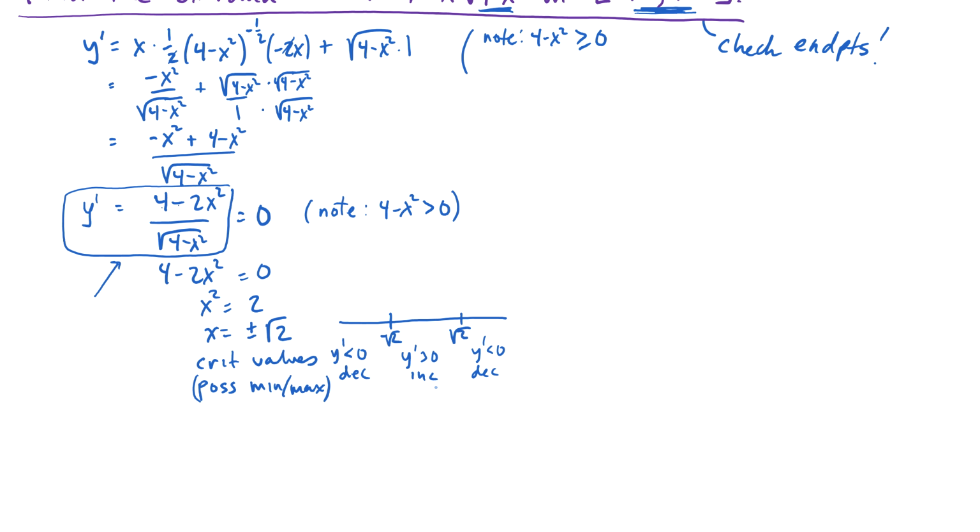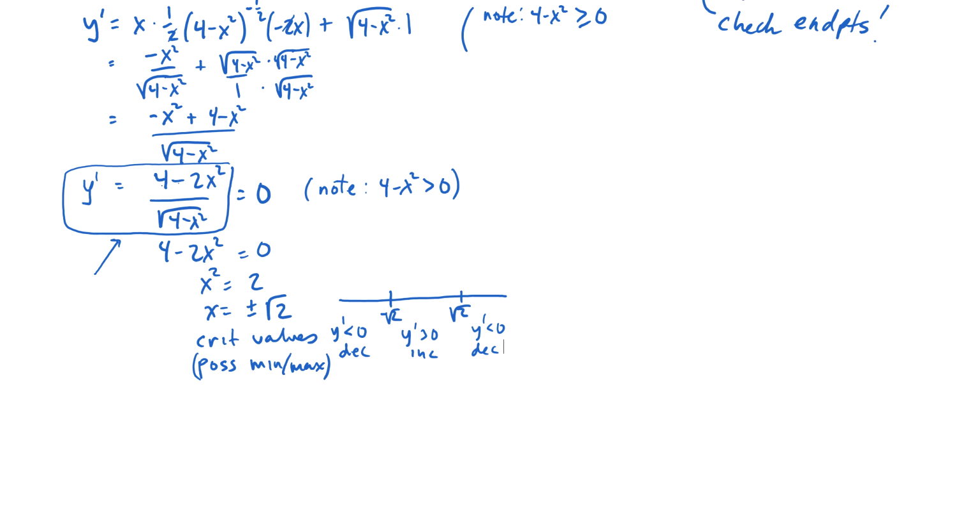Okay, so now comes the communication piece. Since y prime changes from negative to positive at x equals negative square root of 2, this point, negative square root of 2, comma, what's the y value?